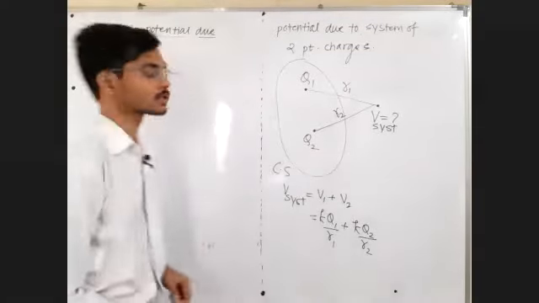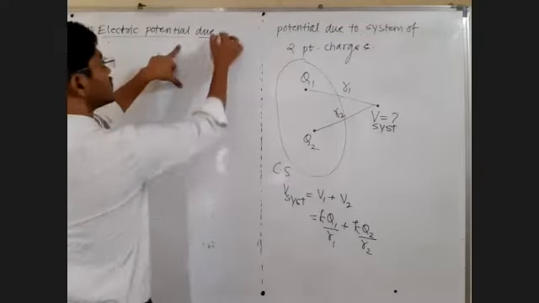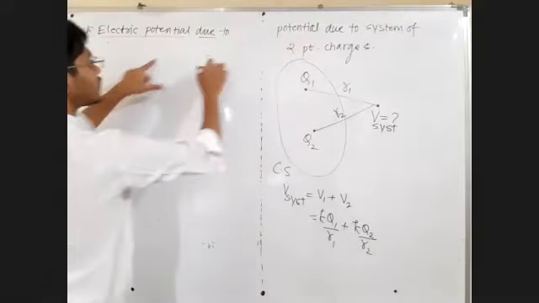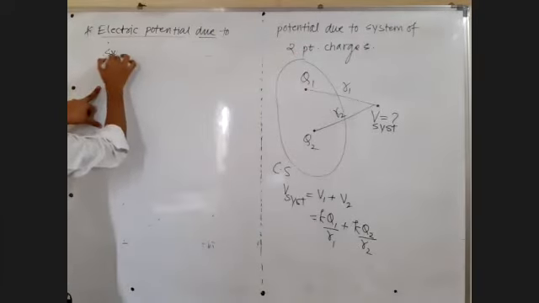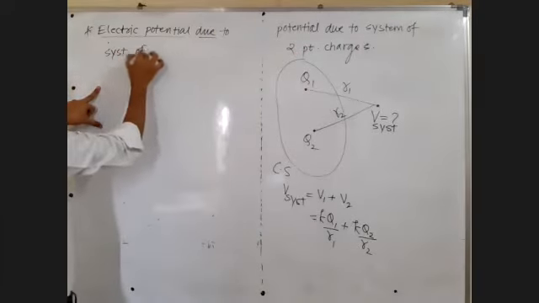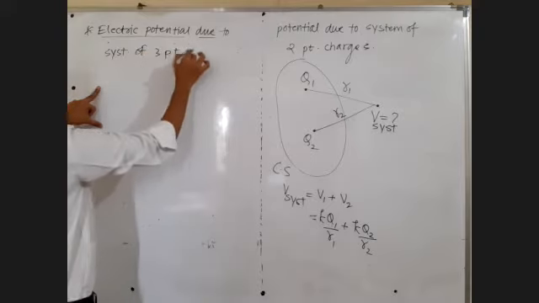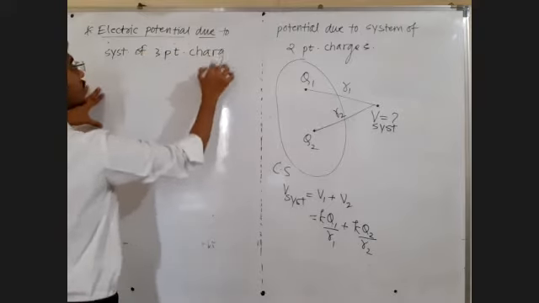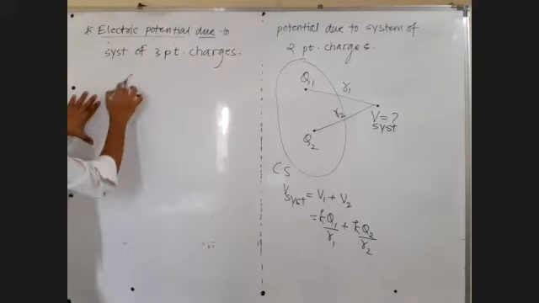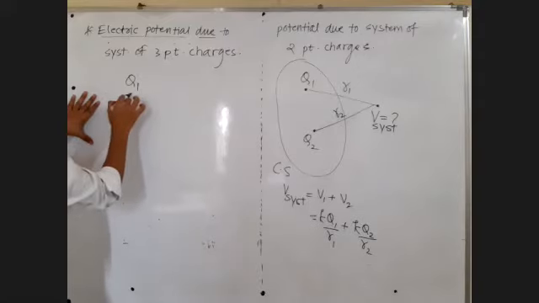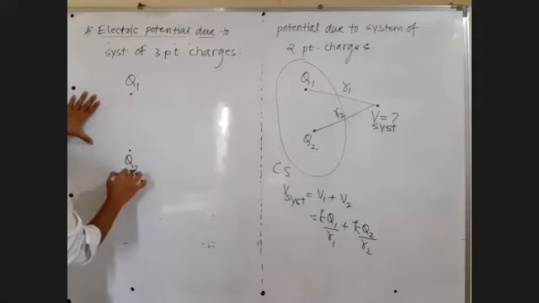Next and last. Electric potential due to a system of three point charges. Okay, so here we have Q1. I want Q2 here.